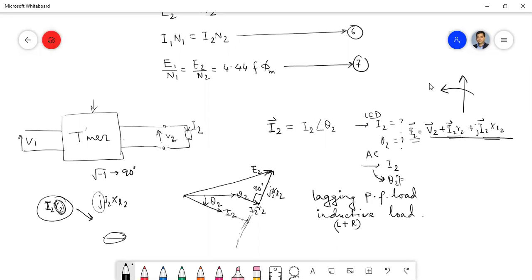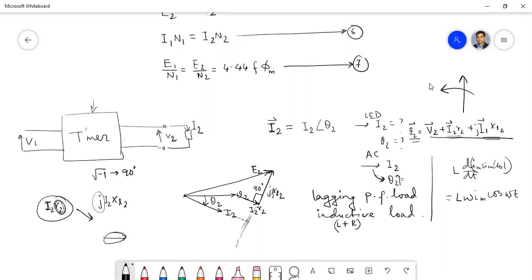So j means 90 degree leading. How are we getting this 90 degree leading? You can explain this in an easy way: this j is coming from inductance, isn't it? So L di/dt. Now this i is basically Im sin omega t. When we take the derivative, it will be cos omega t, isn't it?